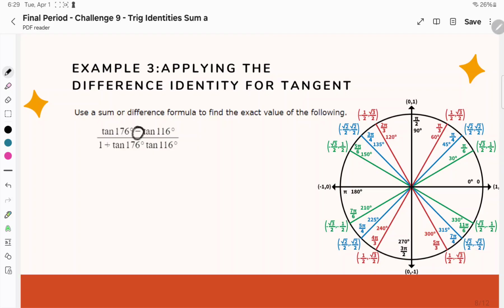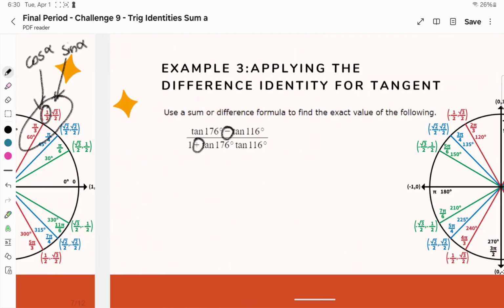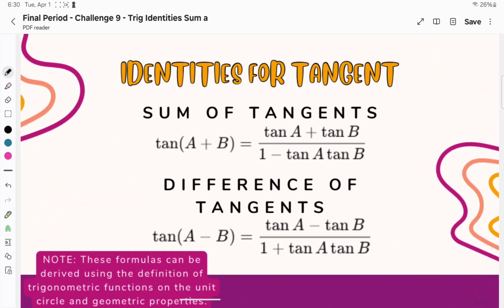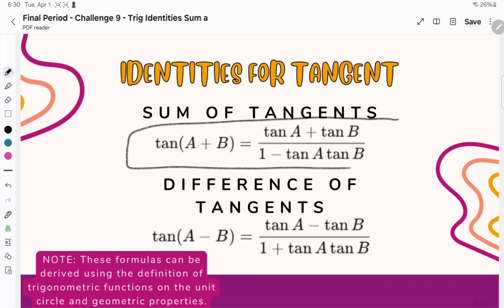We have a minus at the numerator and a plus at the denominator. So, remember this, minus plus, I'm sorry. So I go to my identities for tangent and I find that here I have plus minus.